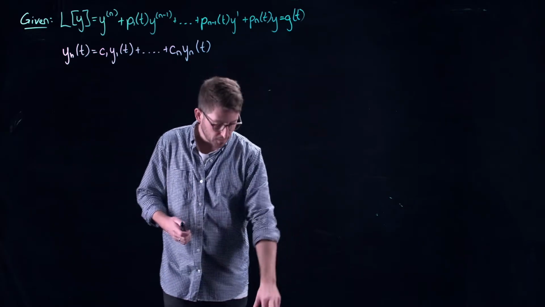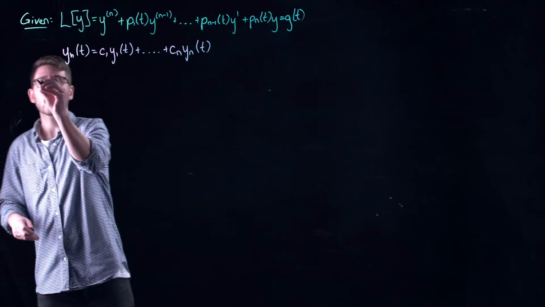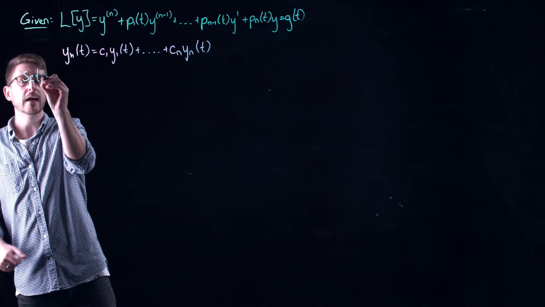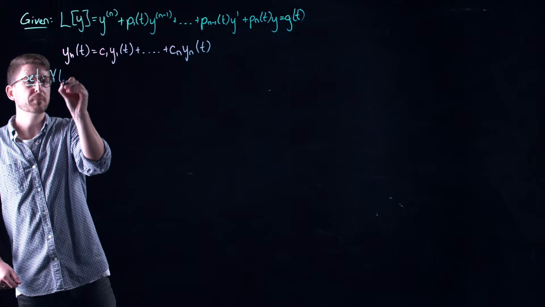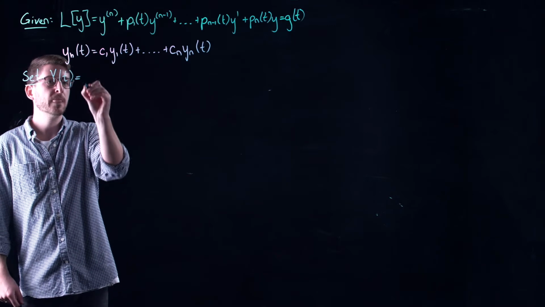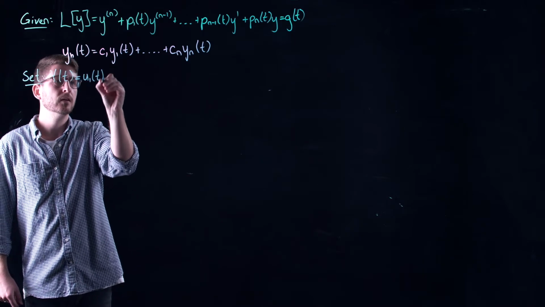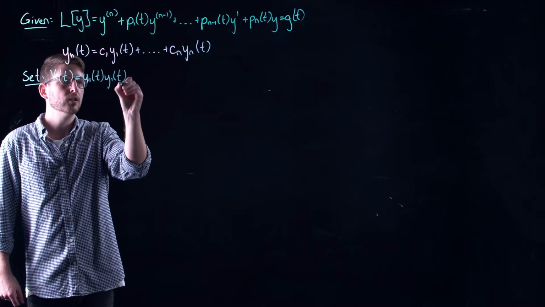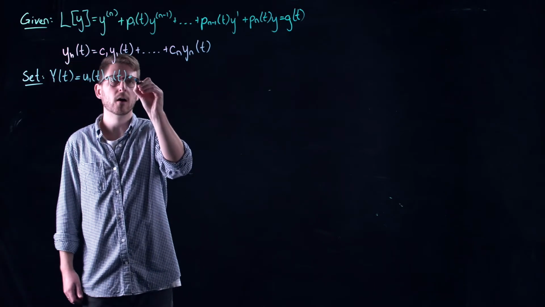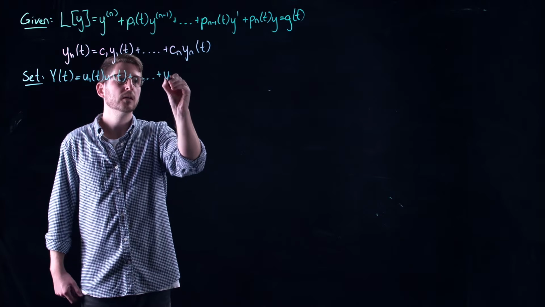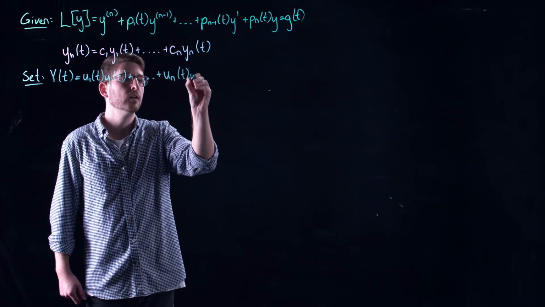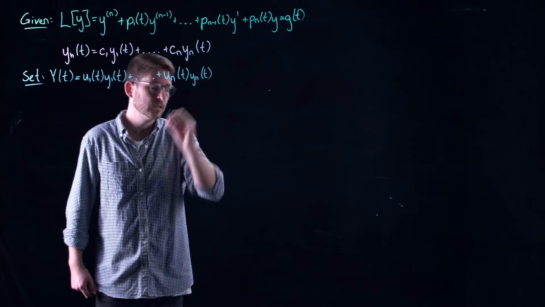Again, all we're doing is updating. So here, follow me. Let's go ahead and set capital Y of t, the specific solution, to be u1 of t, y1 of t, plus u2 of t, y2 of t, all the way up till you get un of t, yn of t. Okay?